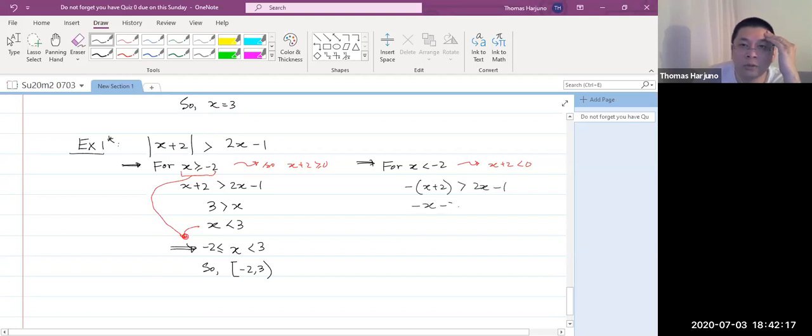Negative x minus 2 greater than 2x minus 1. So that will be 3x here, this will be -1 here divided by 3. So x should be less than -1/3.